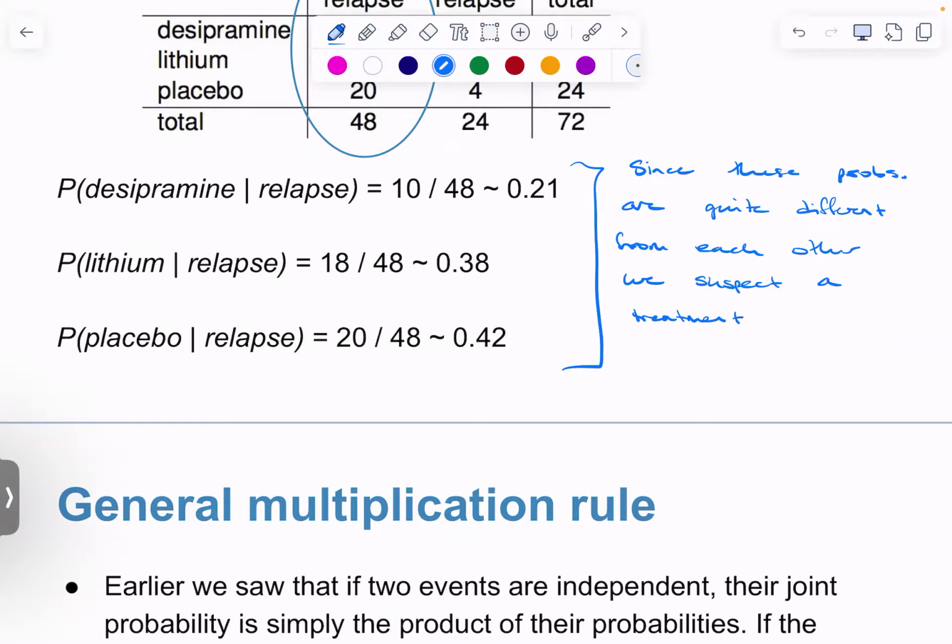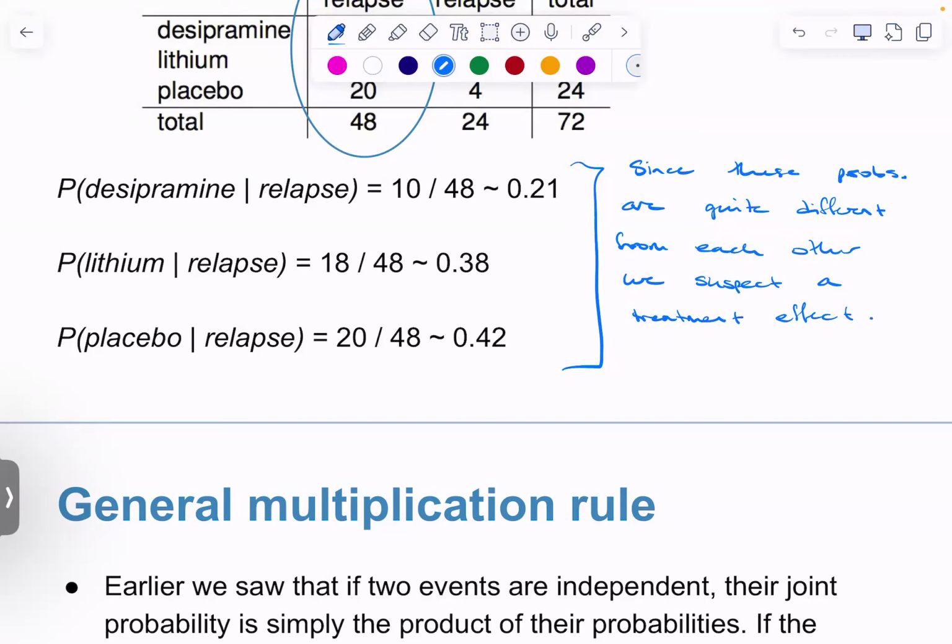But the suspicion is a good thing to start with, right? Why do we think that these are different, a treatment effect? Meaning, just depending on what treatment you receive, that will determine your probability. Okay.